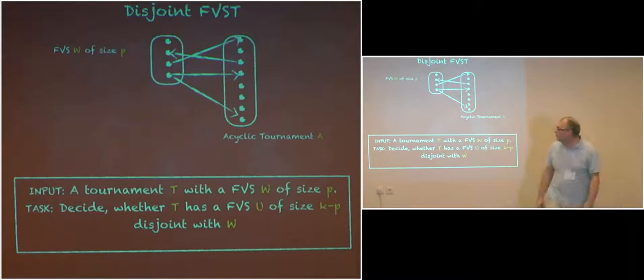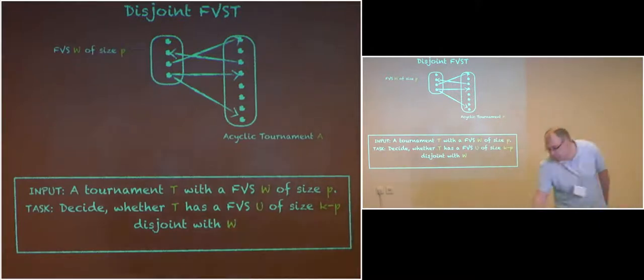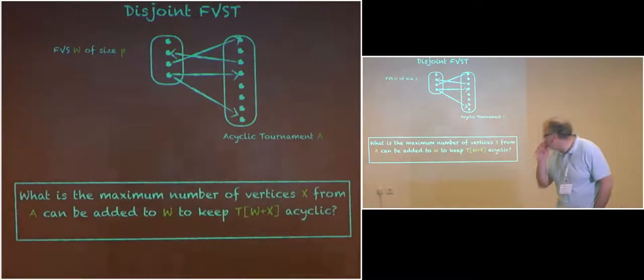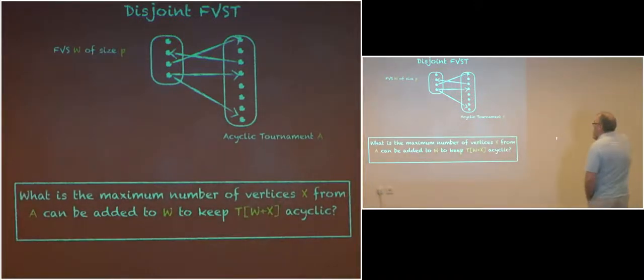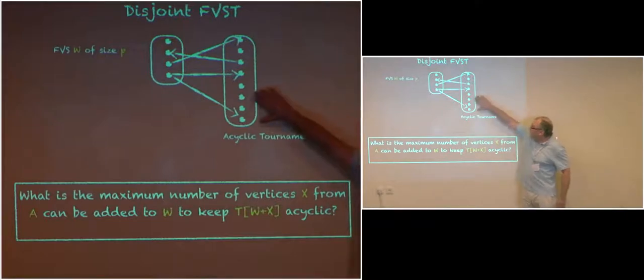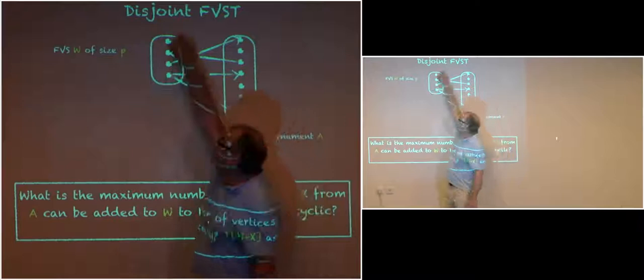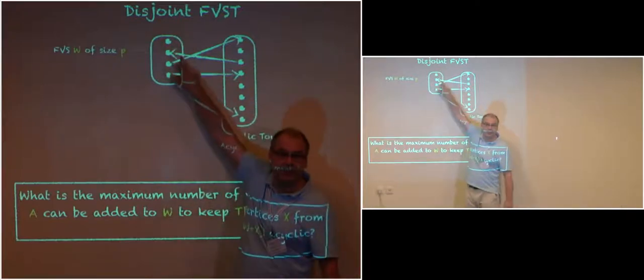So far, so good? So in other words, I can rephrase it: what is the maximum number of vertices of X I can add from here to here such that this part still will be acyclic?